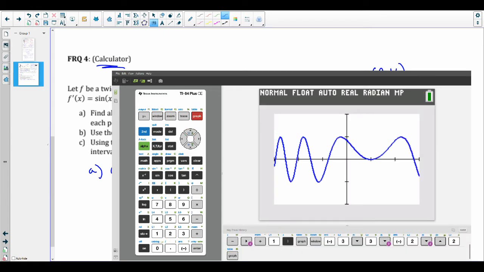That looks a little nicer. All right, so from -2 to 2, it looks like we have 1, 2, 3 candidates.